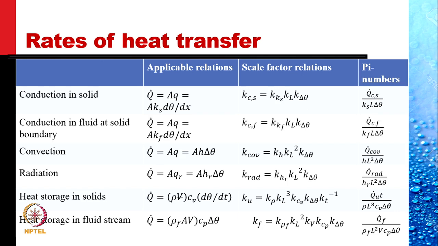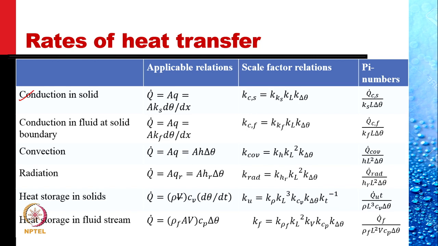The rule applicable to conduction of solids is the Fourier law. The rate of heat transfer Q dot is area times the heat flux, and the heat flux is given by the conductivity of solid K_s times the temperature gradient dθ/dx. Fourier law of heat conduction.